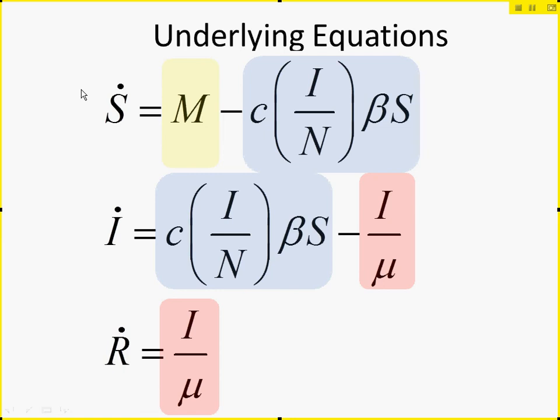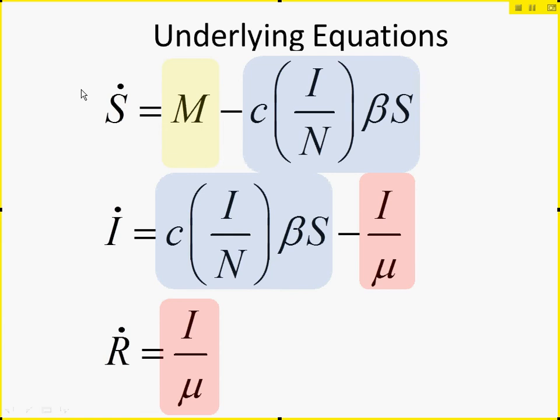So S dot means the rate of change of S per unit time, how quickly it's increasing, or if it's negative, decreasing. I dot, rate of change in I, how quickly it's increasing or decreasing, R dot. So if I dot is 5 and time units are measured in days, then for each successive day, the number of infected people will go up by 5.